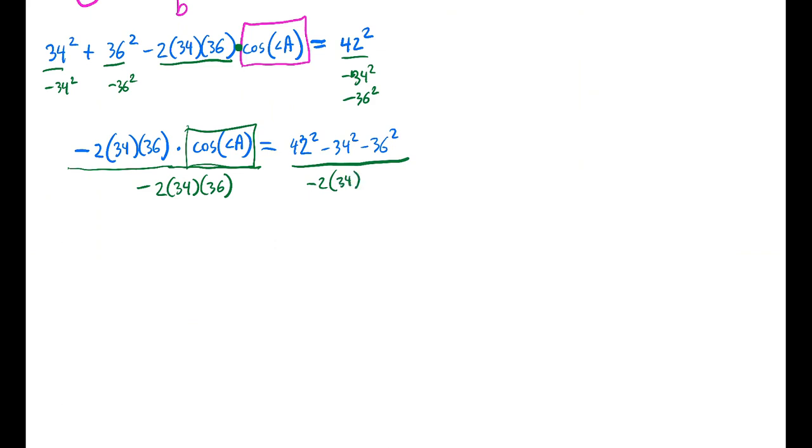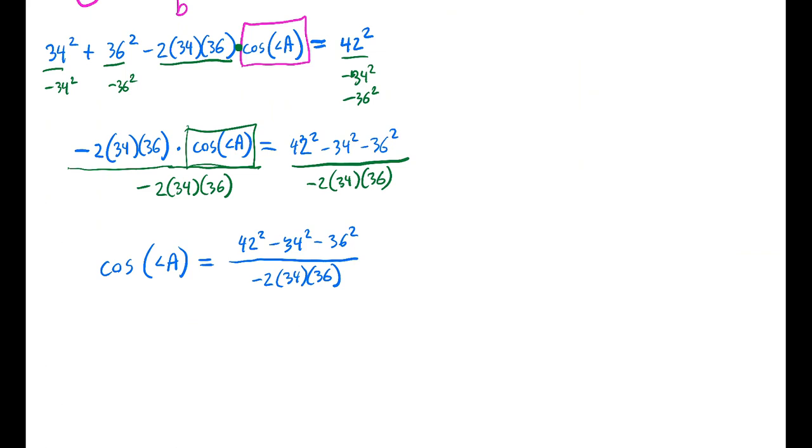So we divide both sides by this, and now what we're left with is exactly what we wanted, right? So we've got now the cosine of angle A is equal to 42 squared minus 34 squared minus 36 squared all over negative 2 times 34 times 36.